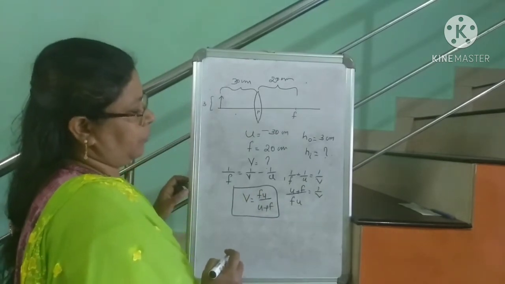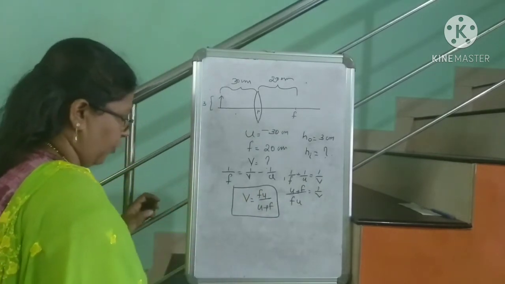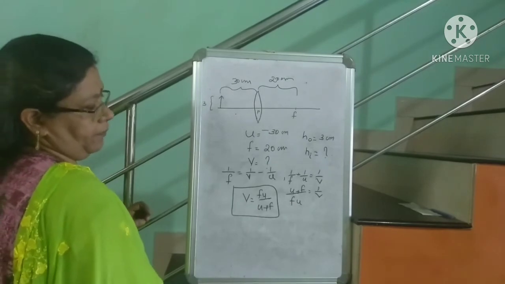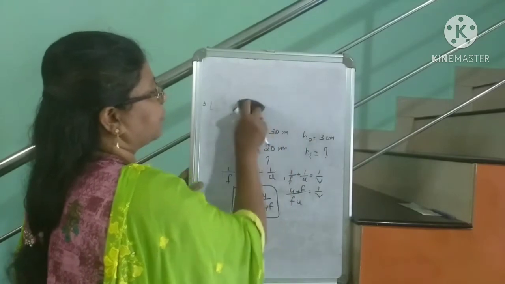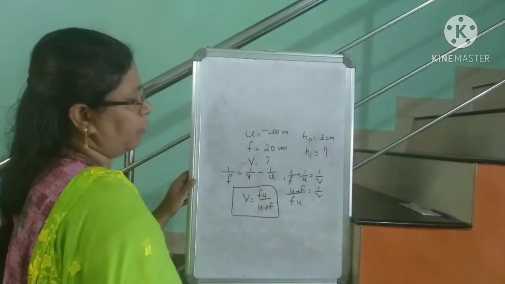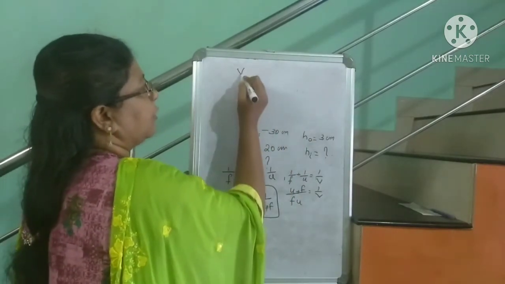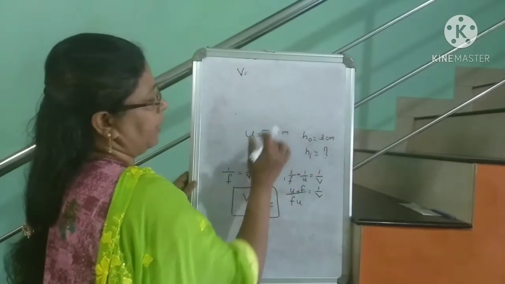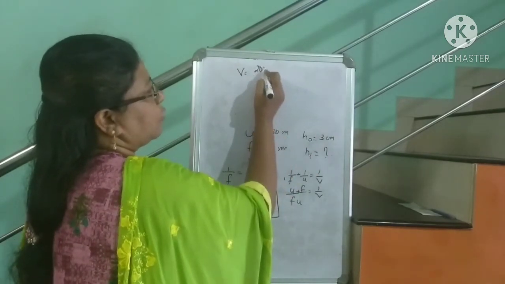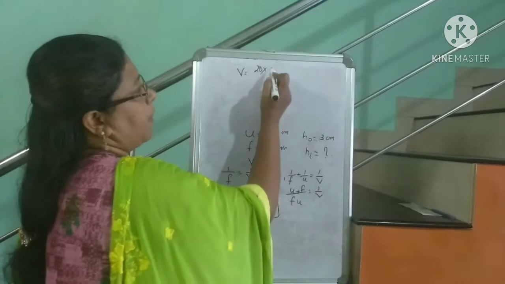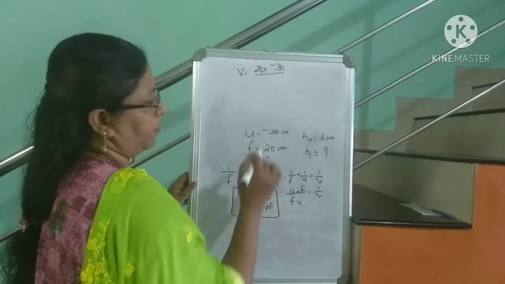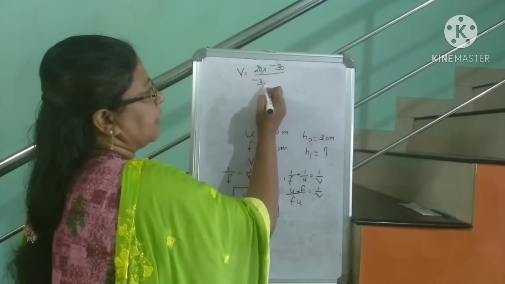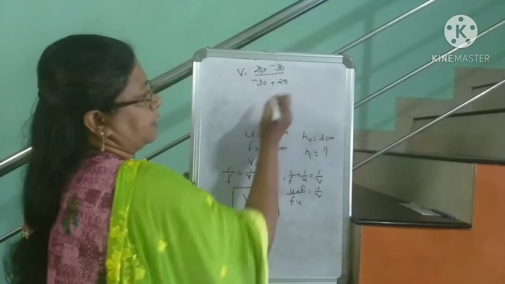Then you can substitute. v is equal to fu by u plus f. So v is equal to 20 into minus 30 divided by minus 30 plus 20.